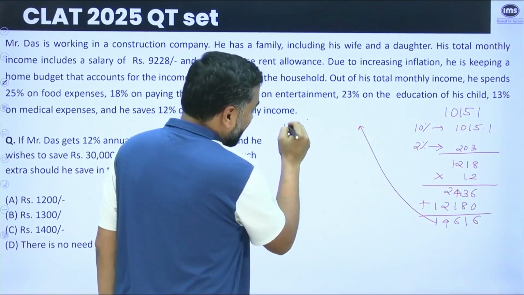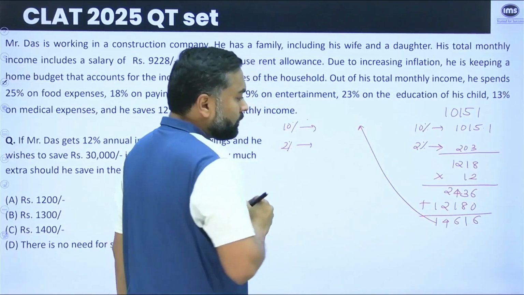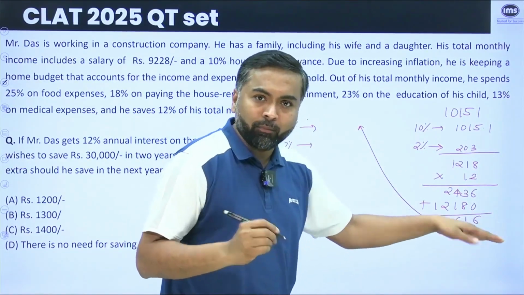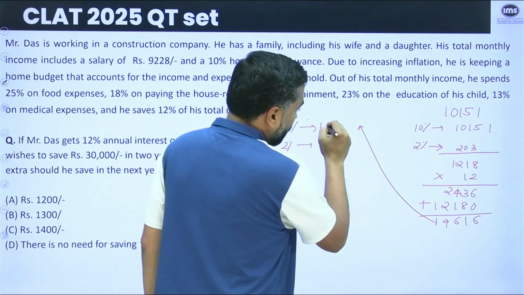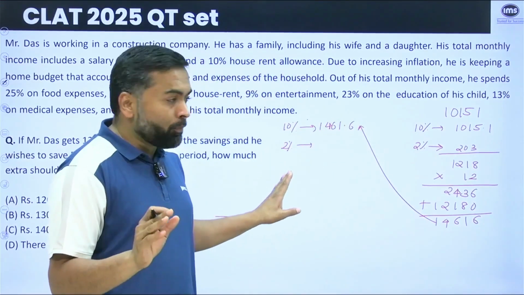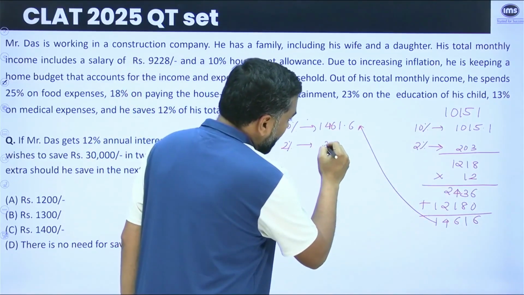So if I have to calculate 12% of this, let me calculate 12% here. 12% is again, I can break down as 10% and 2%. 10% can be taken as 1461.6, and if I want to calculate 2%, I will say it is double of 146, which is 292.